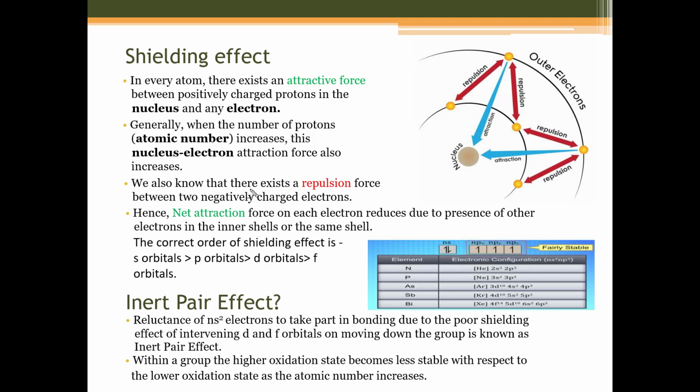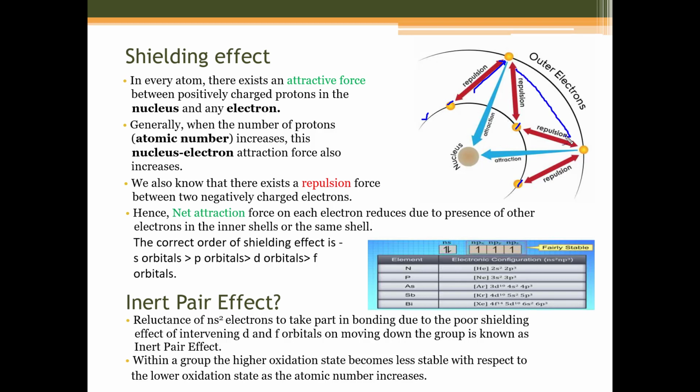We also know that there exists a repulsion force between two negatively charged electrons. That means these electrons which are present in the inner shell act like a shield and repel away the outer electrons from the nuclear force.